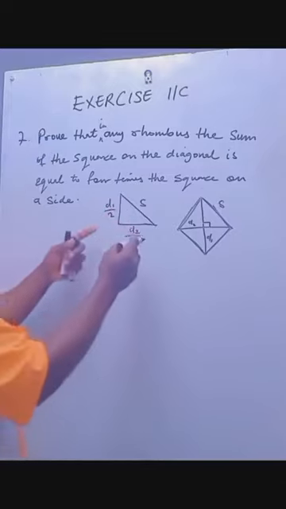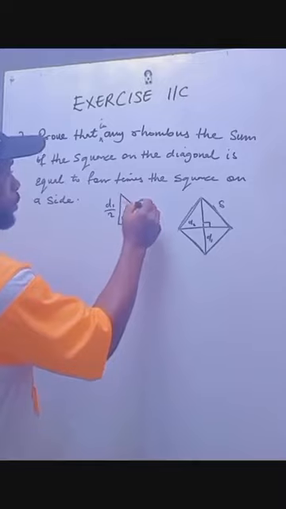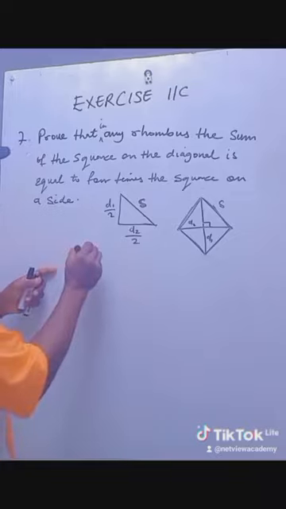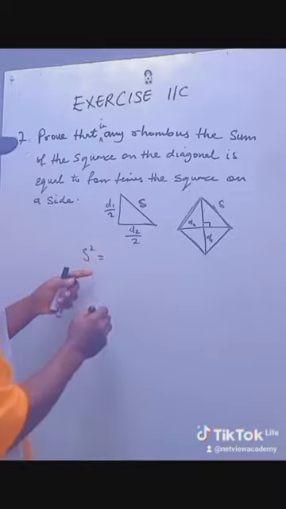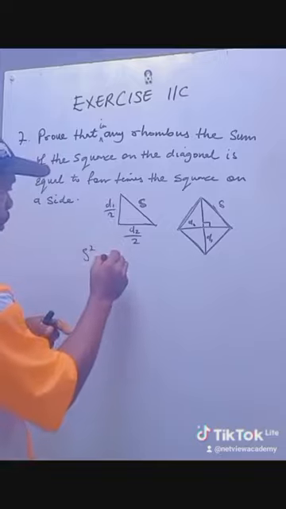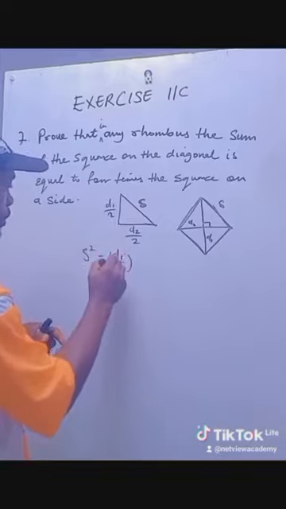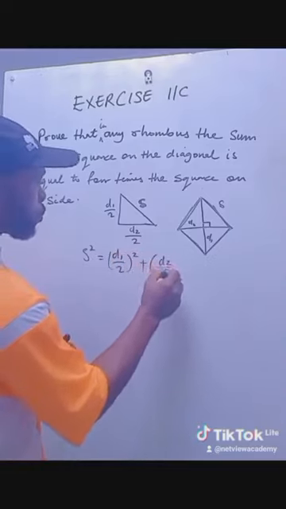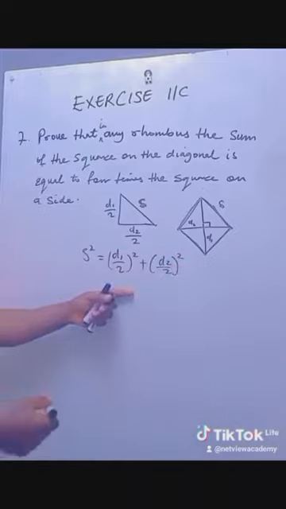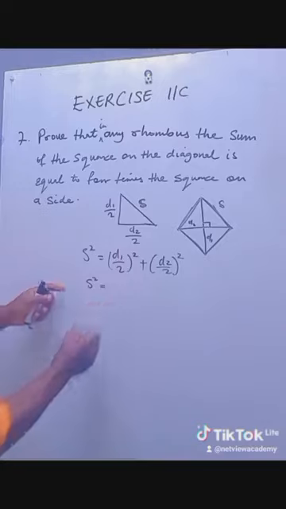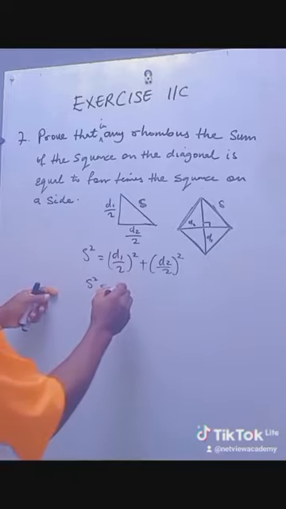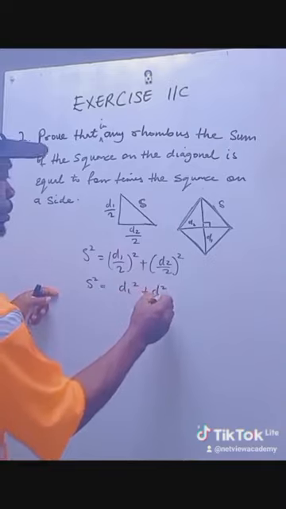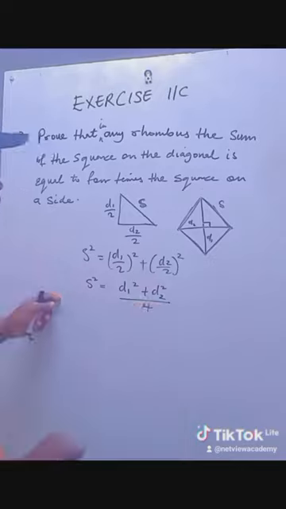So we are going to apply Pythagoras theorem to calculate for the side of the rhombus. Therefore, x squared is equal to D1 over 2 squared plus D2 over 2 squared. And this expression is the same thing as D1 squared plus D2 squared all over 4.